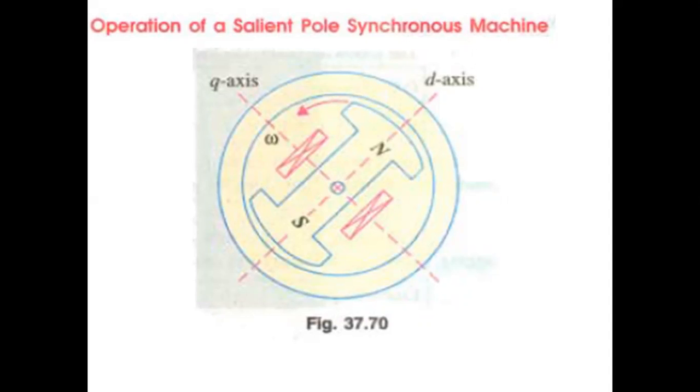So whether the rotor is in upward position, downward position or slant position, irrespective of the rotor position, we get a reactance of the same value if the uniform gap is maintained between the poles in a circular cylindrical rotor, right?